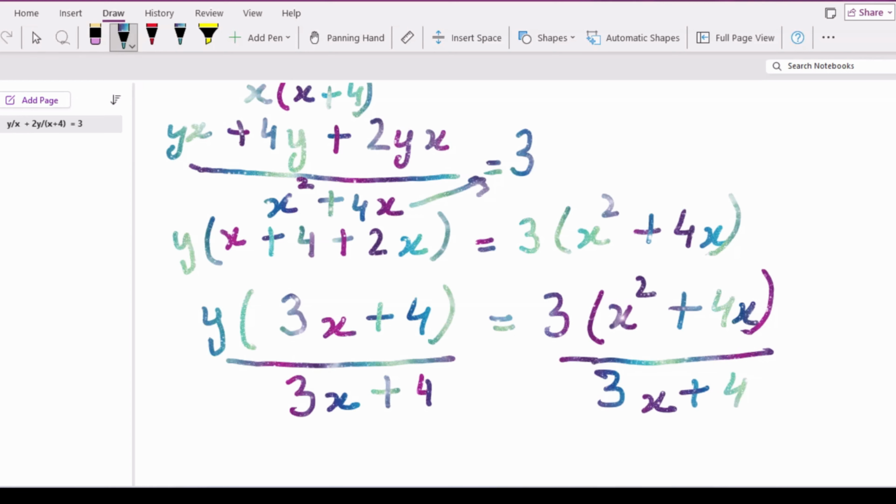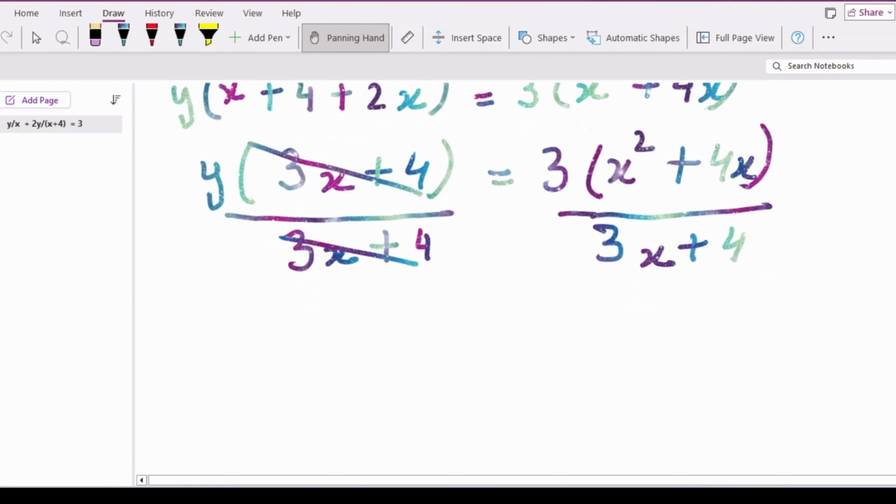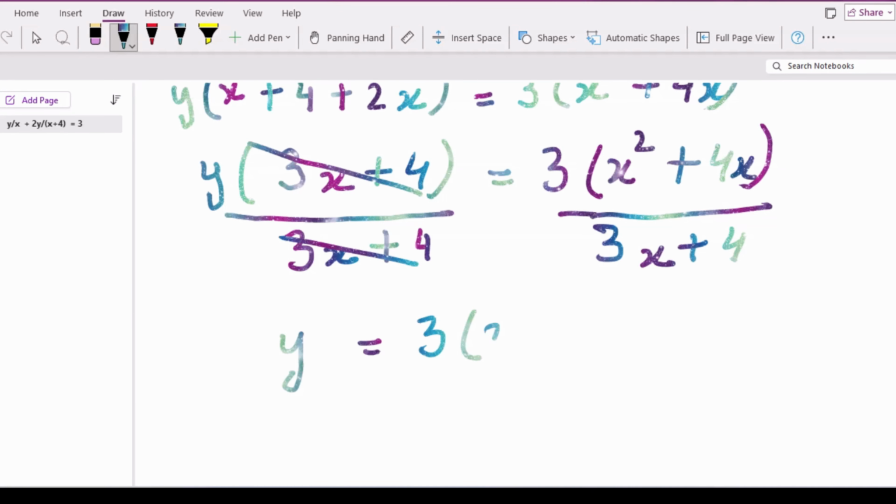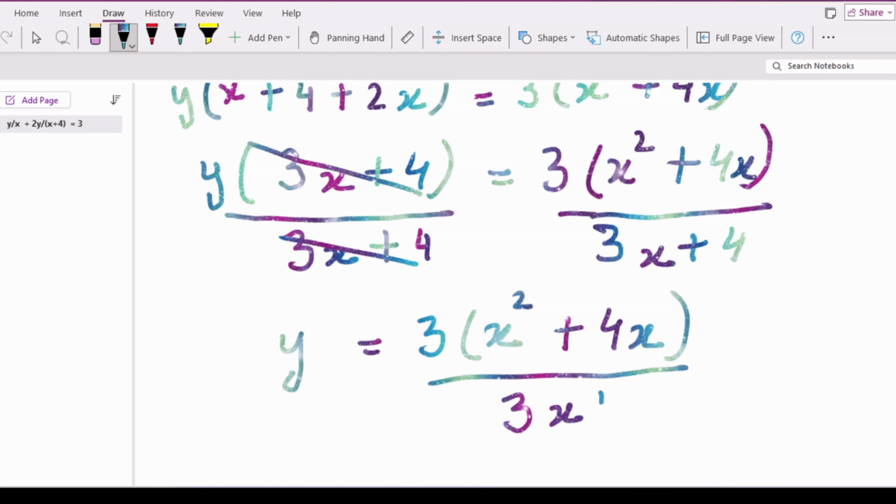This side also by 3x plus 4. So this is gone. They both cancel out with each other. So you see, now our equation is just in terms of y. This is going to be our equation for y.